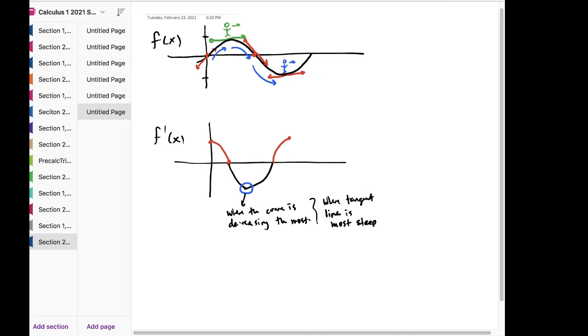I have a question for you. So if this says where the curve is most steep, well, what does that mean? Let's say we take the derivative again.